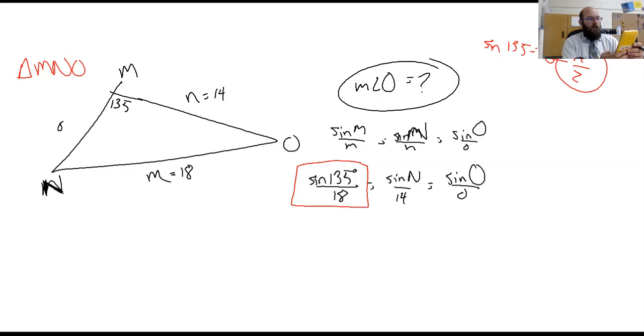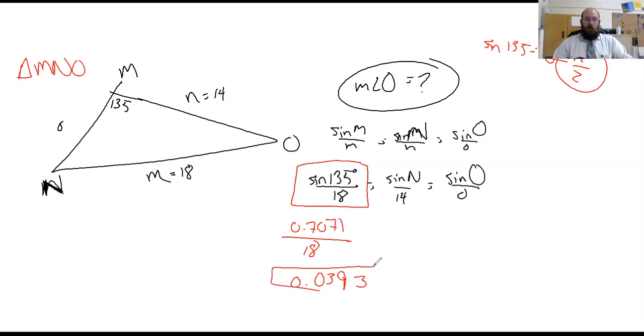Make sure that your calculator is in degrees, otherwise you're going to end up with a headache later because you're not going to get what I'm going to get. All right, so that ends up being 0.7071 divided by 18. And that gets me 0.0393. That is what I'm going to use instead of sine 135 over 18, just so you're all aware.